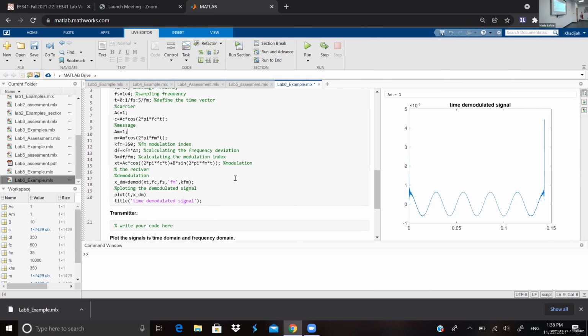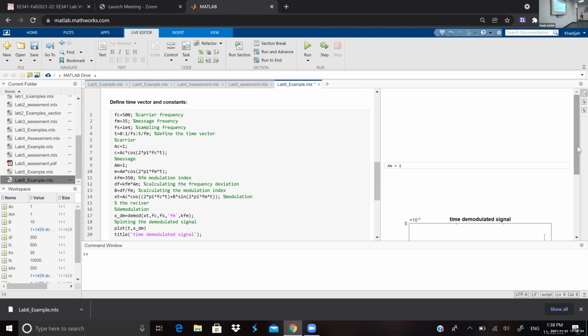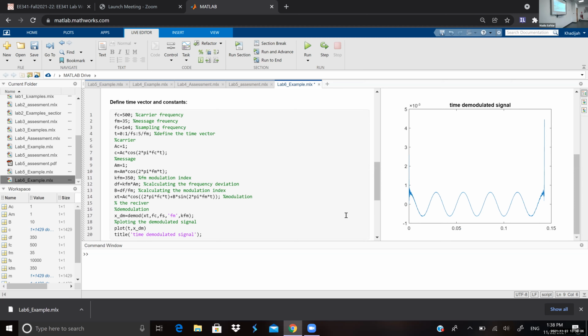And then you didn't plot C and M and then x(t). You have to plot C and then M and then x(t). C is carrier, M is message.